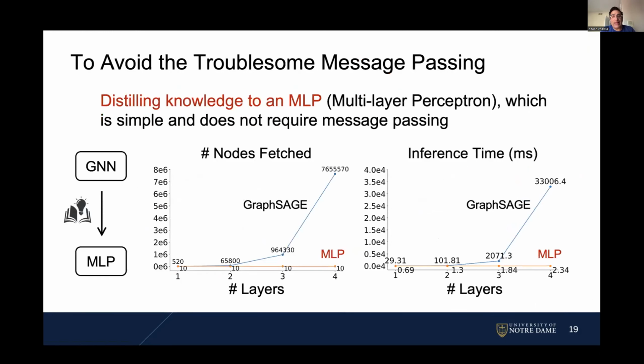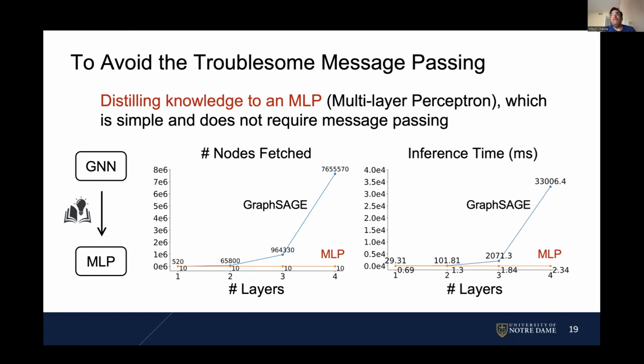And that's where we are trying to get to: can we distill knowledge from a graph neural network to a multi-layer perceptron, which is very quick, which does not require message passing, as we all know. It's a very simple neural network architecture. And more importantly, the time of inference is small.